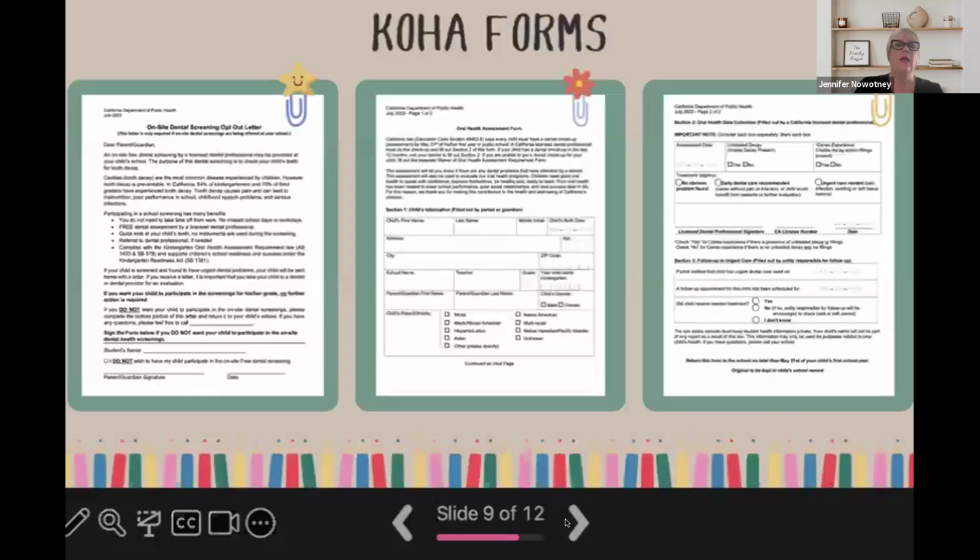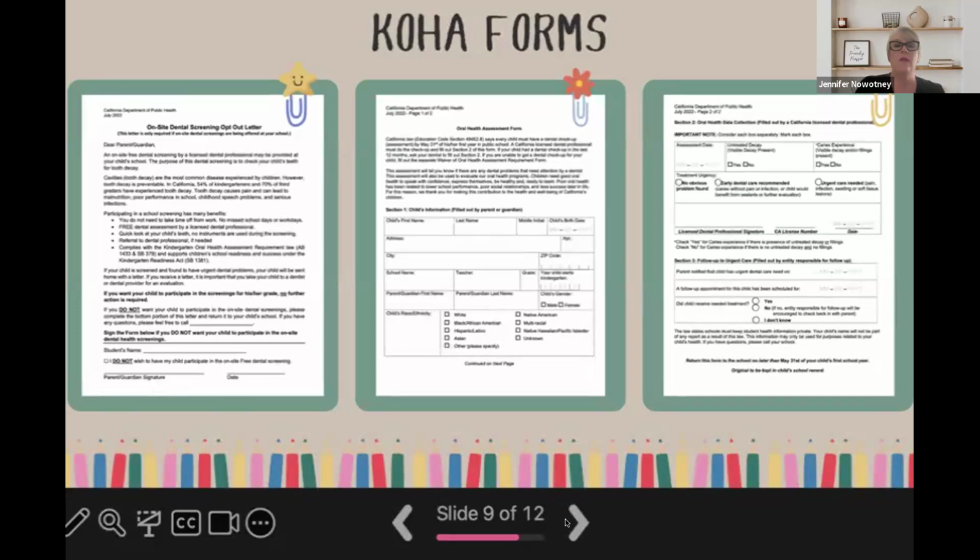During the screening, the front portion is filled out with the child's information, and then the back portion, the third picture there, would be filled out by the dental provider. Typically we will leave the original of that with the school staff, so that for those kindergarten assessments, you directly have that.